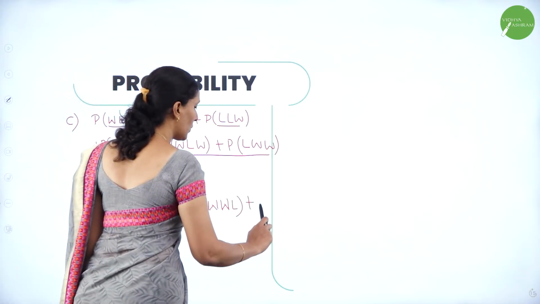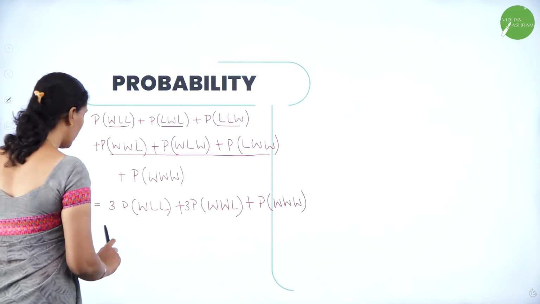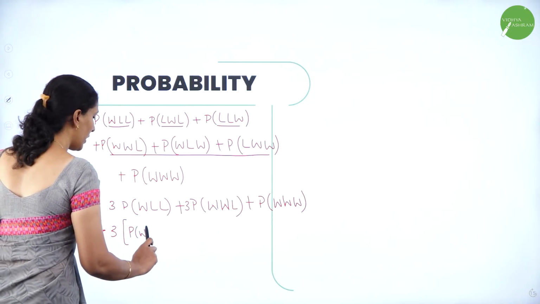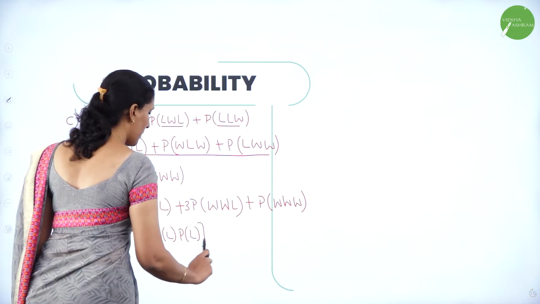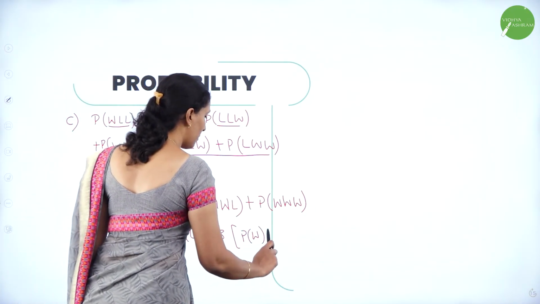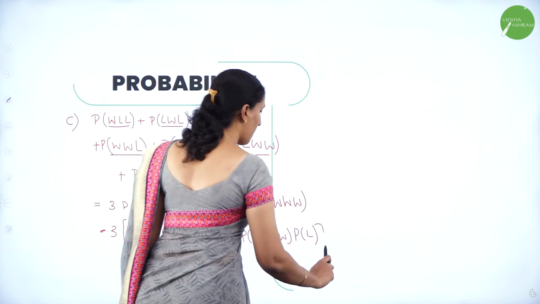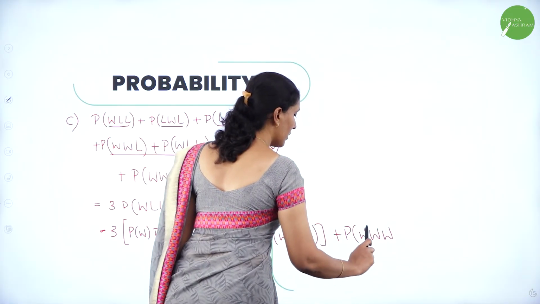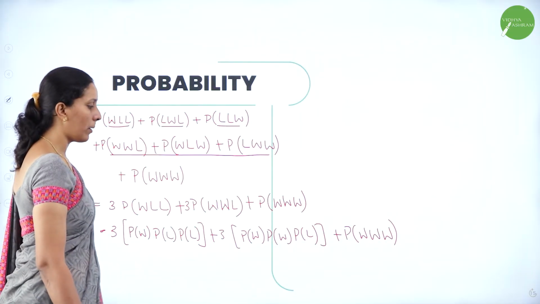And the last one is only once. So we have 3 times P of W, P of L, P of L, plus 3 times P of W, P of W, P of L, plus P of W, W, W.